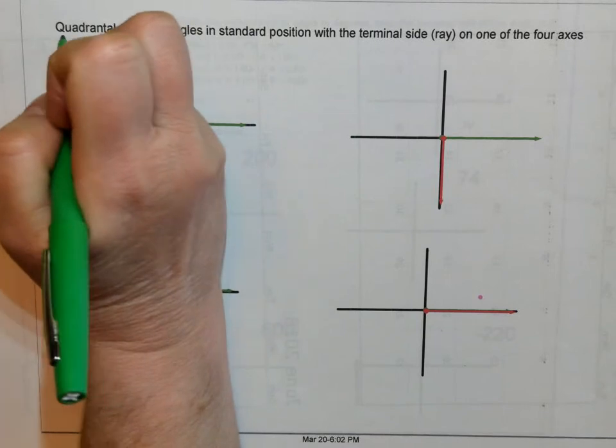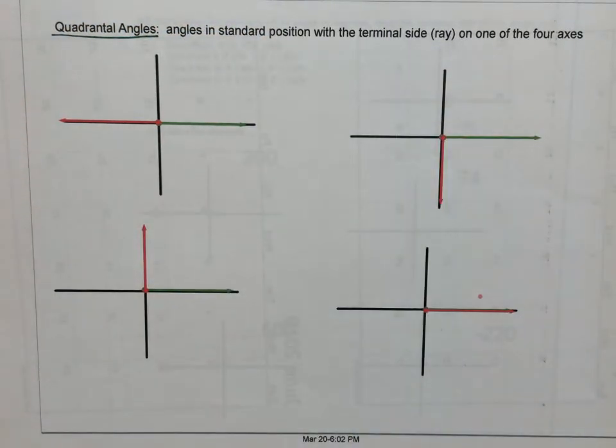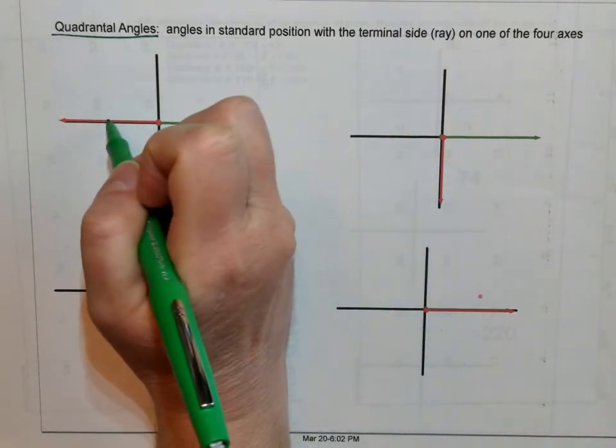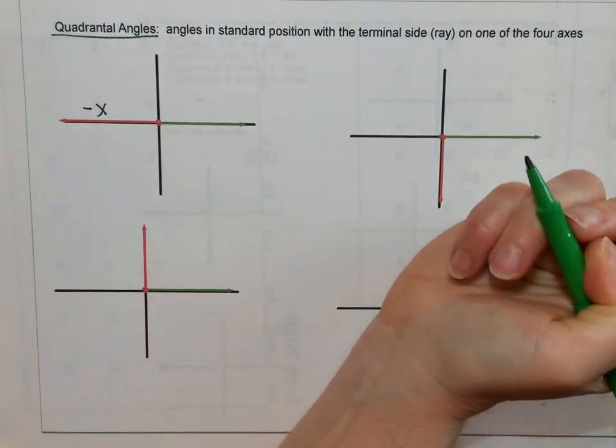So here's where it gets a little crazy. We have a special group of angles that are called quadrantal angles, and they're called that because they're angles in standard position where the terminal side, or the terminal ray, lands on one of the axes. So it's a little bit different than a regular one. In this case, if my initial ray is here and my terminal ray is here, I would say this is the negative x position.